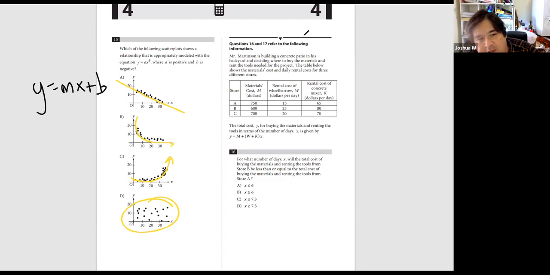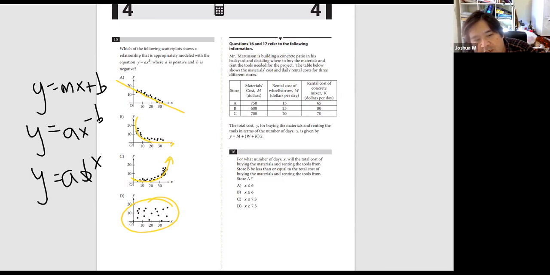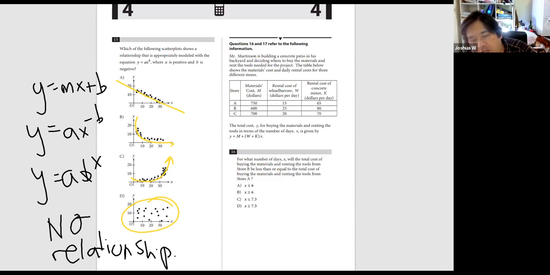This looks like the right model, y equals ax to the negative b. This looks like y equals ab to the x. It's exponential. And this is no relationship. This is like a random cloud of data.